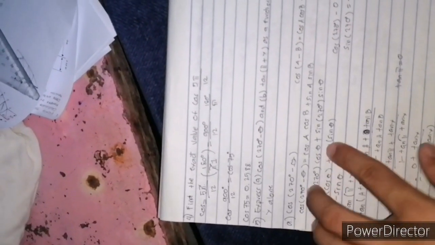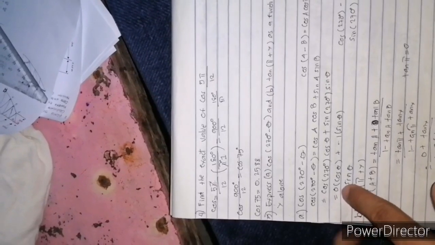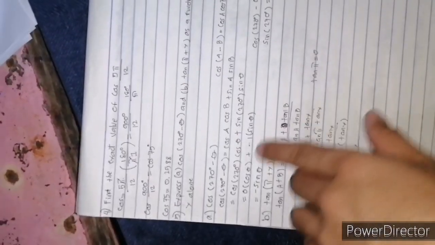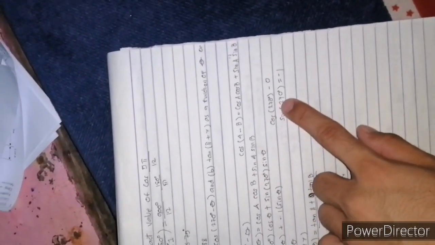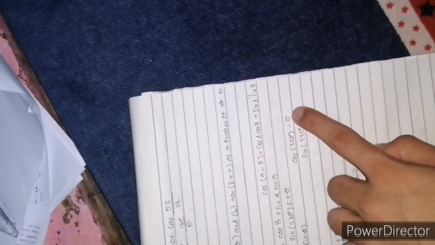Cosine 270 degrees minus theta is equal to cosine 270 degrees cosine theta plus sine 270 degrees sine theta, equal to 0 cosine theta plus negative 1 sine theta. So the 0 and negative 1 come from cosine 270 degrees equals 0 and sine 270 degrees is equal to negative 1. So it equals negative sine theta.